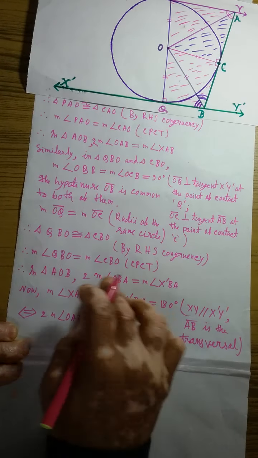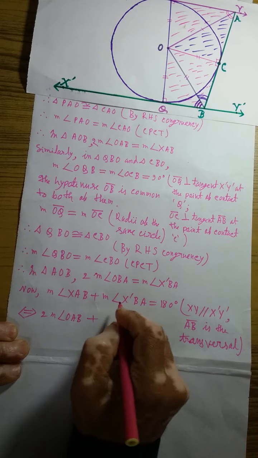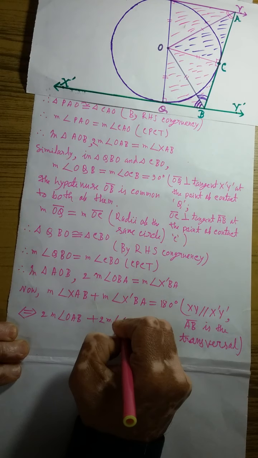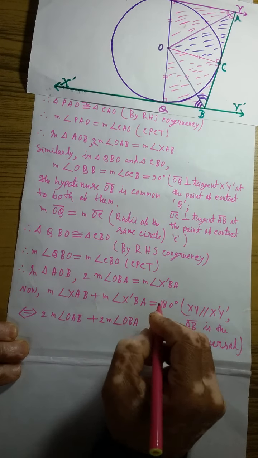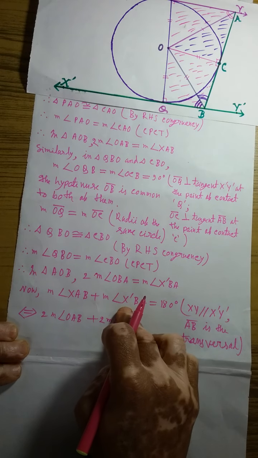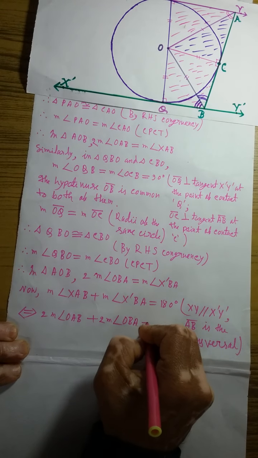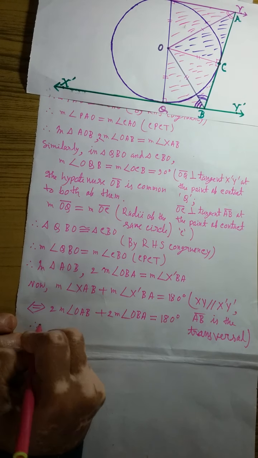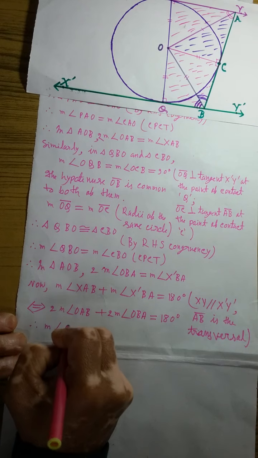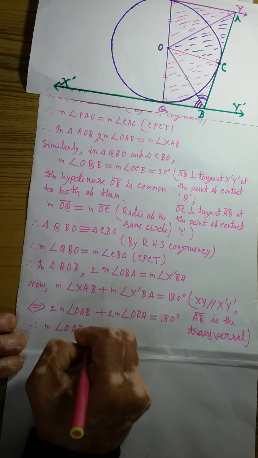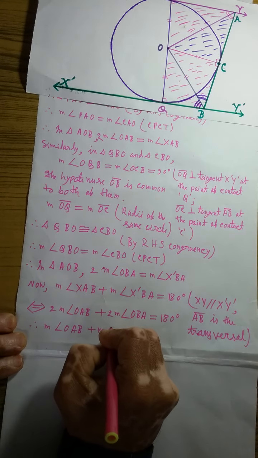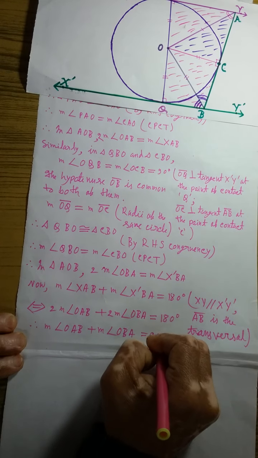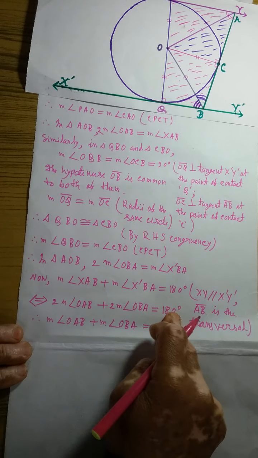So we'll now put twice the measure of the angle OBA in place of the measure of the angle XDA, which is again equal to 180 degrees. Therefore, the measure of the angle OAB plus the measure of the angle OBA is equal to 90 degrees, dividing both sides by 2.